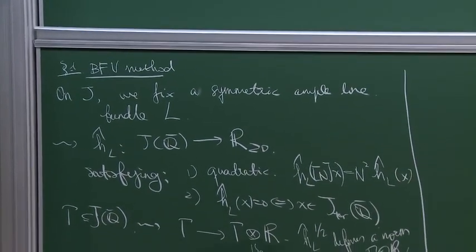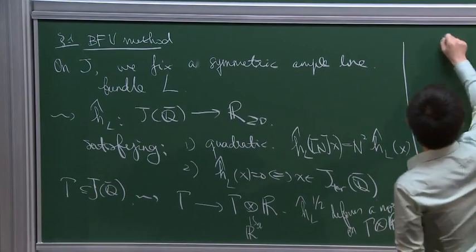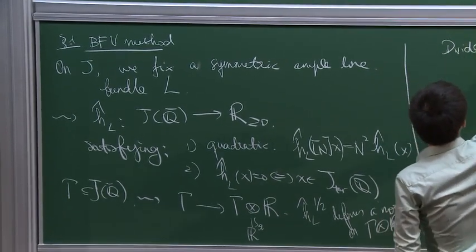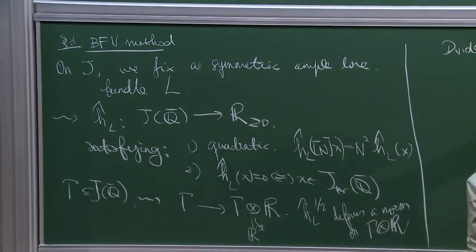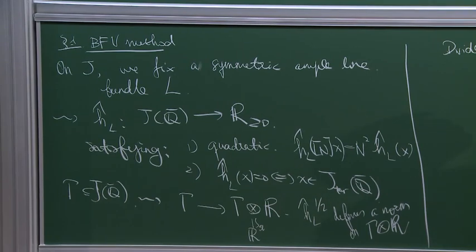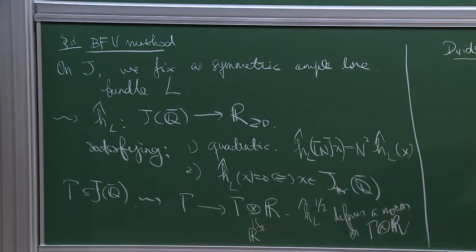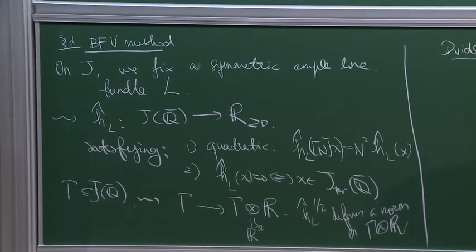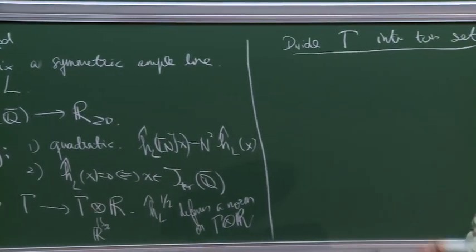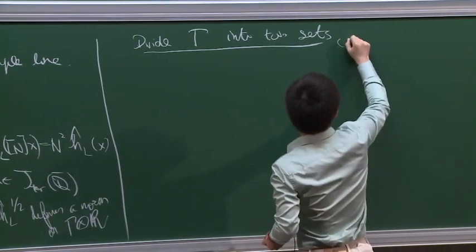All right, now we divide gamma into two sets. For simplicity, I'll just present a case where gamma is finitely generated, for example, the rational point case.